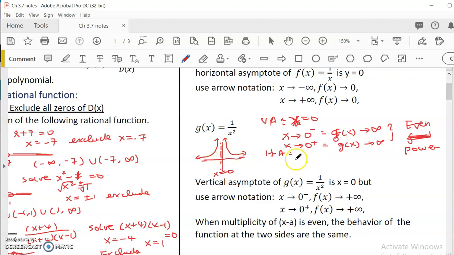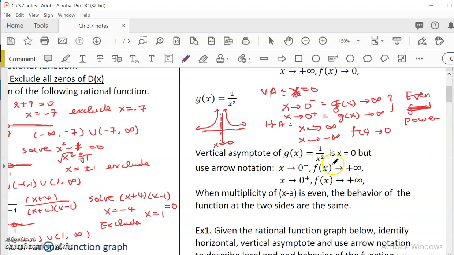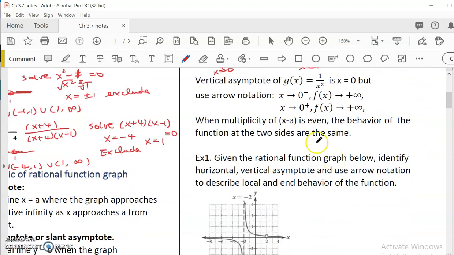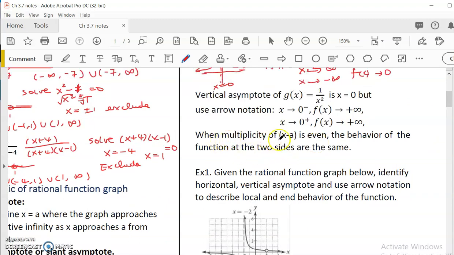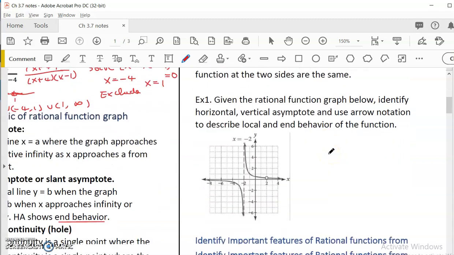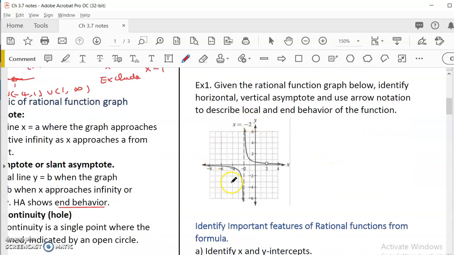Oh, both of them approach 0, right? When x approaches infinity, and when x approaches negative infinity, f of x approaches 0. So we use this arrow notation to describe them. And notice when the multiplicity of x minus a is even, the behavior of the function on the two sides is the same. Let's look at this graph.